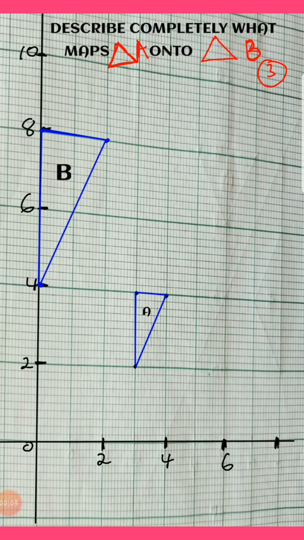Okay, so here's the question. Describe completely what maps triangle A onto triangle B. For us to prove that this is an enlargement, you have to join corresponding points and they have to meet at a certain center.